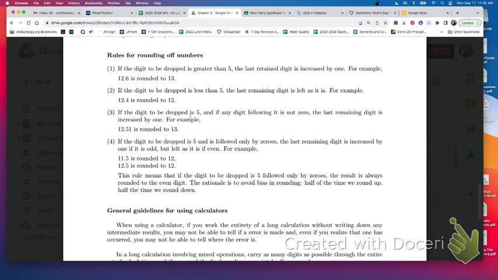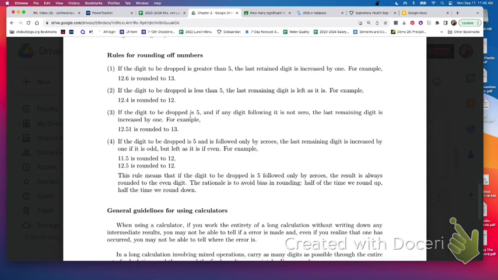Then we are just going to round that up to 12 because the 1, the digit you're keeping, is odd. But in 12.5, because the digit you're keeping there is 2 and it's even, you're going to leave it as is.